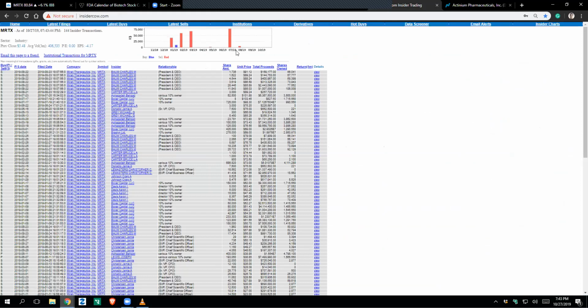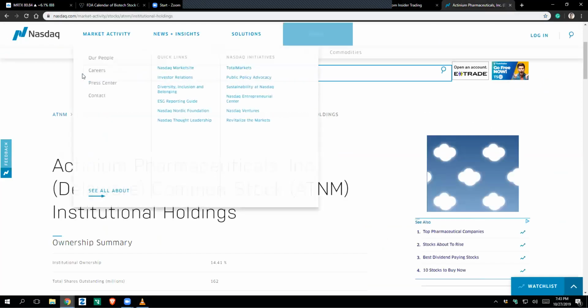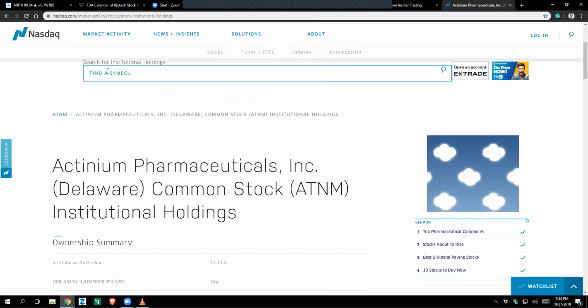There's some insider selling here, which is not unreasonable. The stock went up so much in the last 1 year, so there hasn't been any insider buying recently.